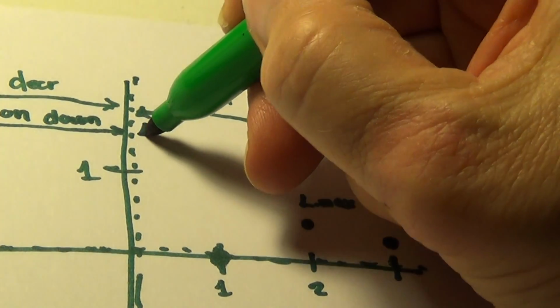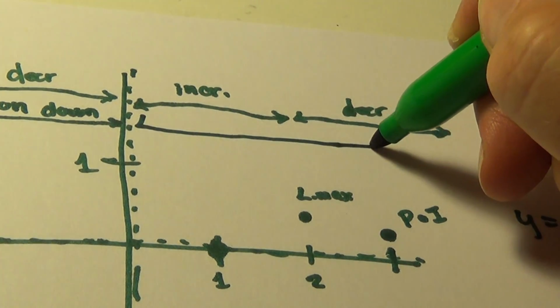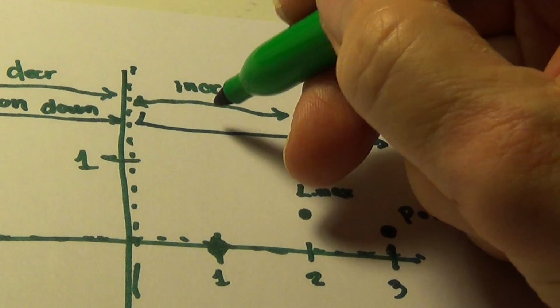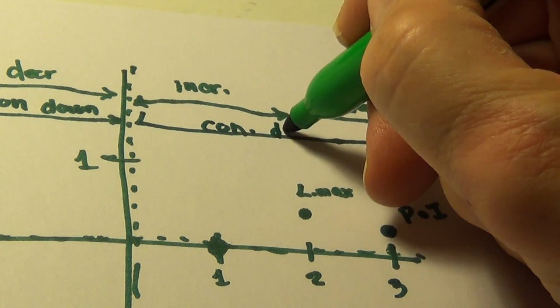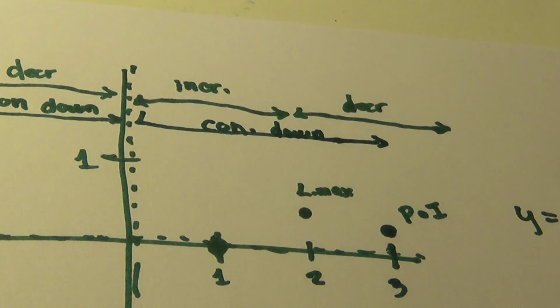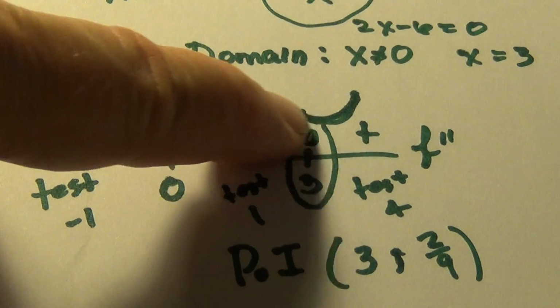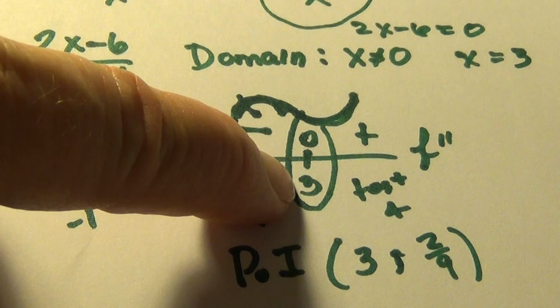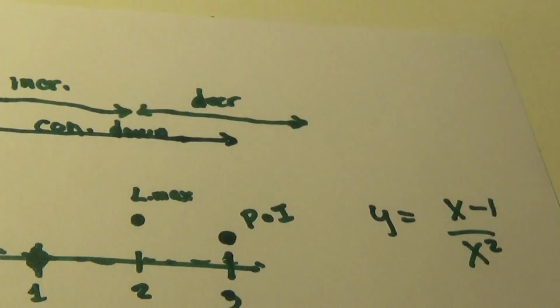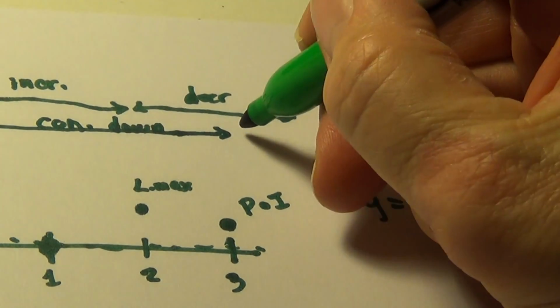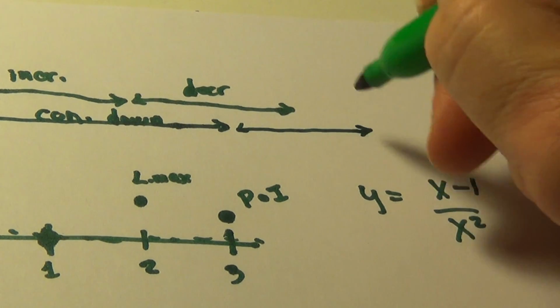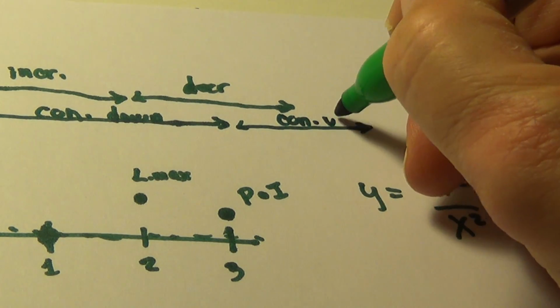All the way from here to here, this is 3, we're going to have also concave down. And then after that, our little map says concave up from 3 to infinity. So going back here, from here on out, we're going to have concave up.